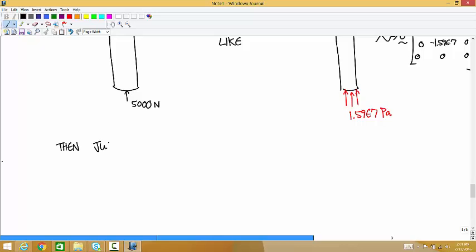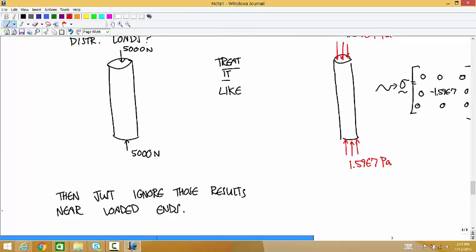And then just ignore those results near the ends, near where those loads are occurring. Near the loaded ends. So those results are still good. They're just not good here or here.